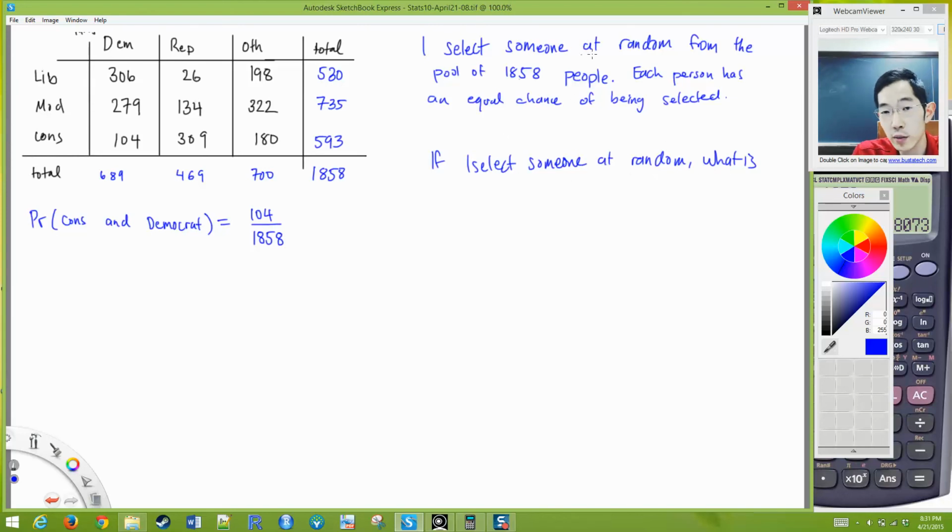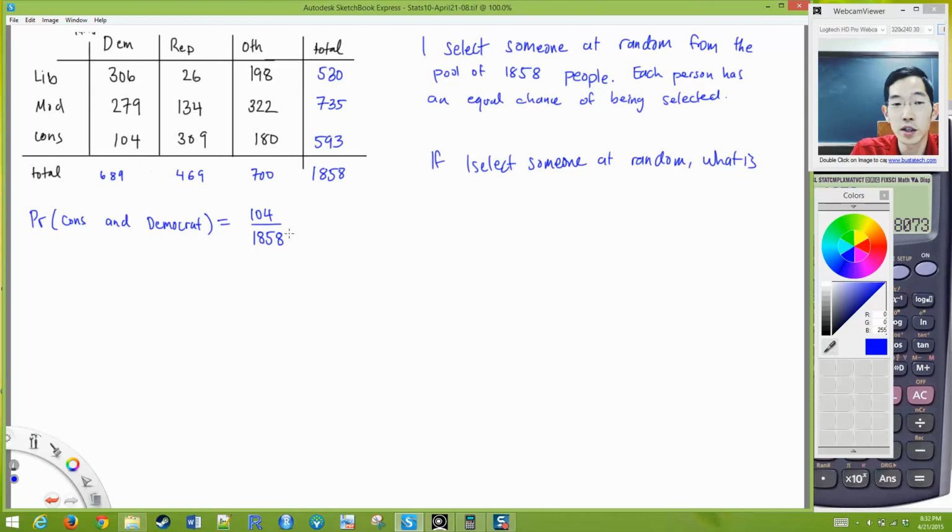I select someone at random from the pool of 1,858 people. So there's 1,858 people total possible, all equally likely of being selected. How many people fit this description, conservative and Democrat? 104 people.